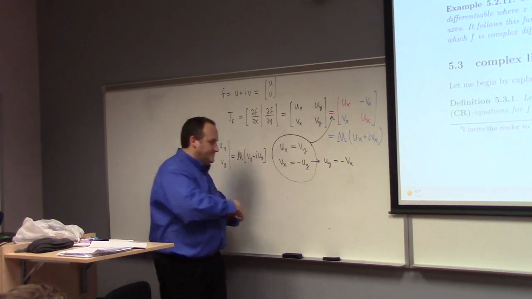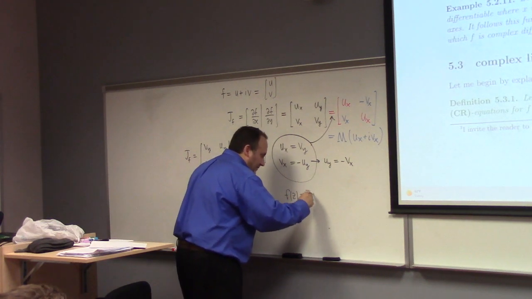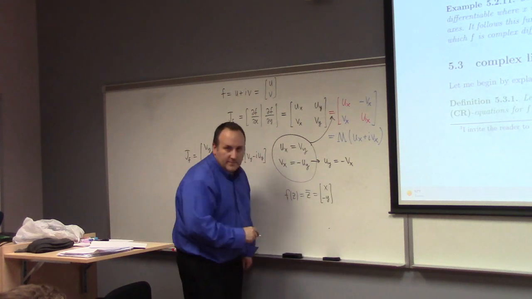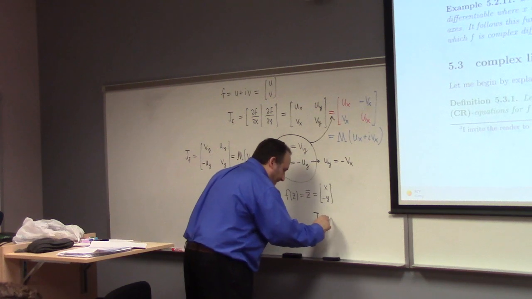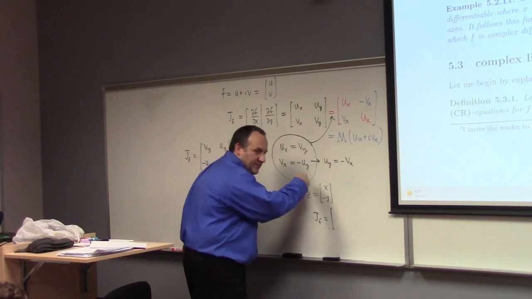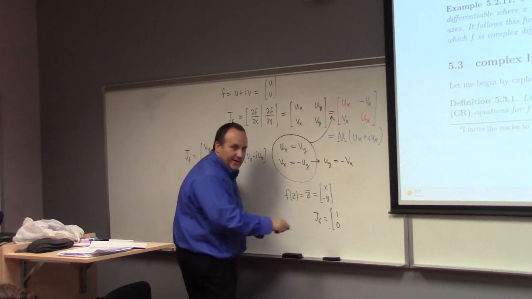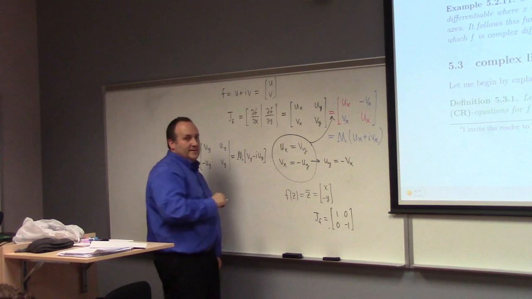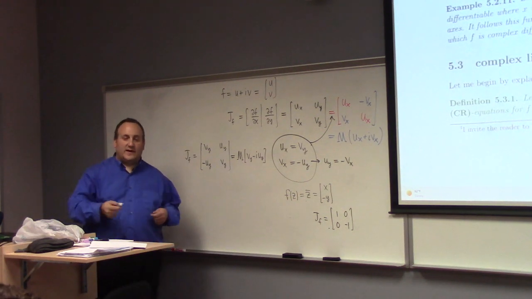For example, if we look at f of z equal to z bar, this is equal to x minus iy. What is the Jacobian matrix of this? Partial derivative with respect to x: 1, 0. Partial derivative with respect to y: 0, minus 1. That's not the matrix of a complex linear map.